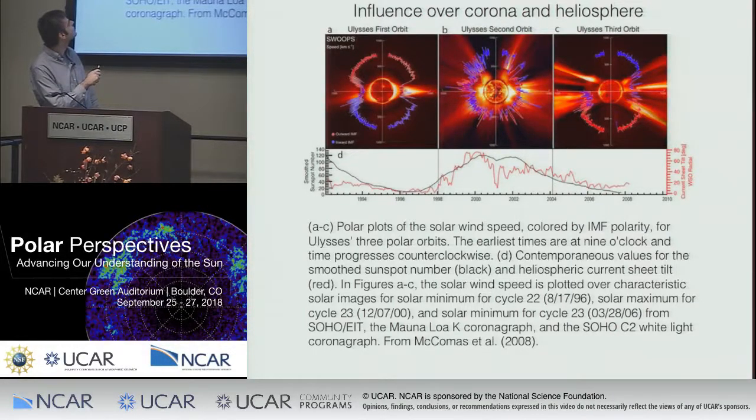We have these minimal speeds at low latitudes and fast solar wind at high latitudes during solar minimum. During solar maximum, it's much more structured. And after polarity reversal, it reverts to this dipolar structure with the polarities reversed.